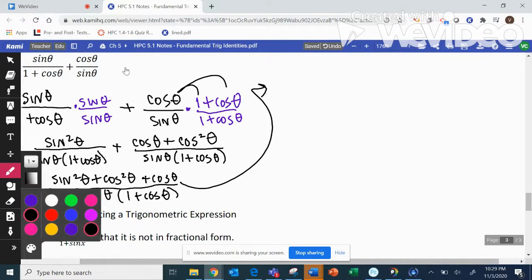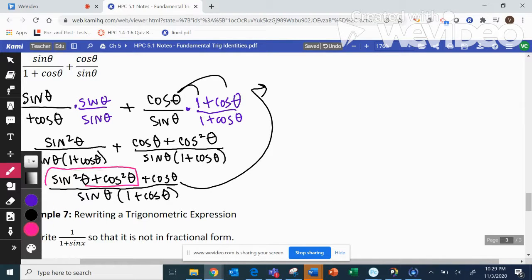So if I have sine squared theta plus cosine squared theta, that is equal to 1, plus cosine theta. And then on the bottom, I've got sine theta times 1 plus cosine theta.